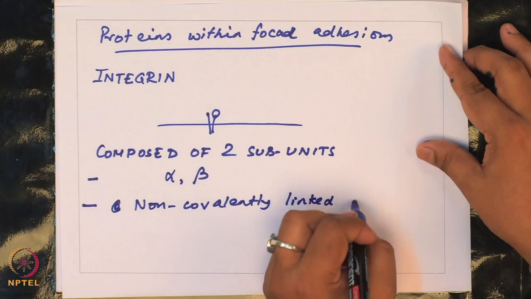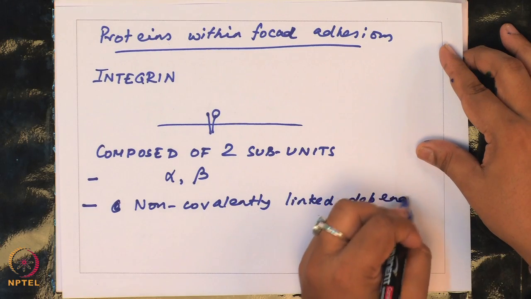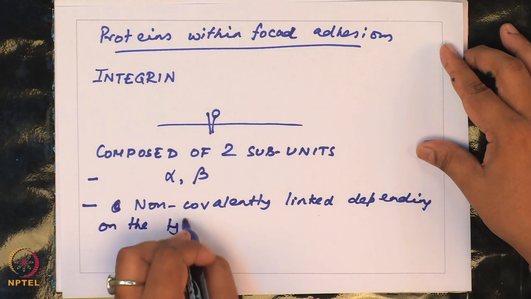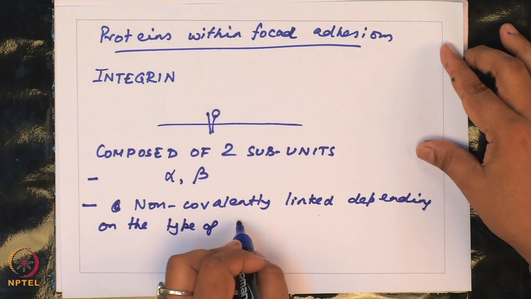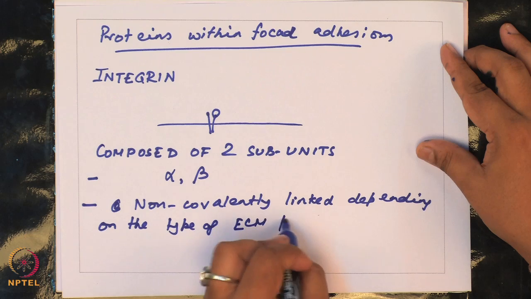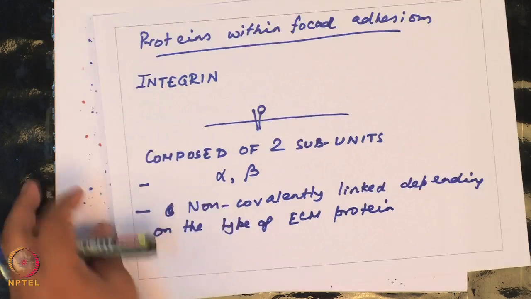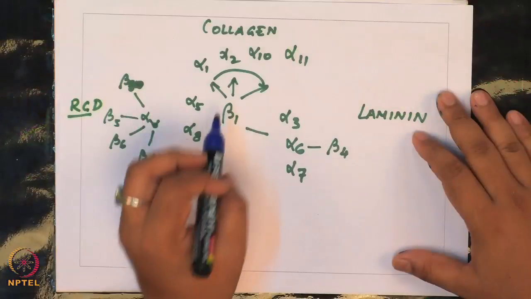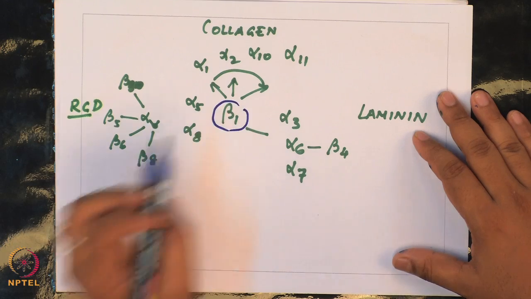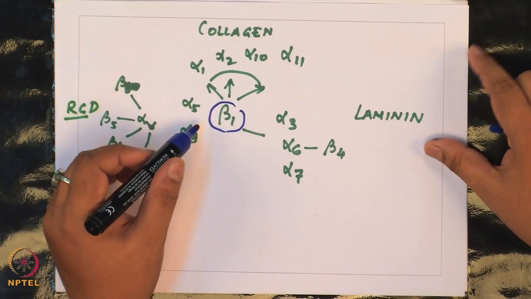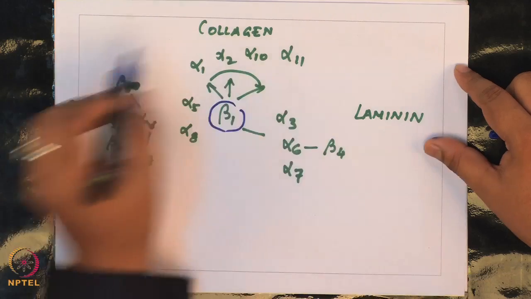Okay, depending on the type of ECM protein. So, if I were to look at some of the combinations of integrins, here I have drawn, in the center is beta 1, and what you see is beta 1 is common to many of the integrin combinations.